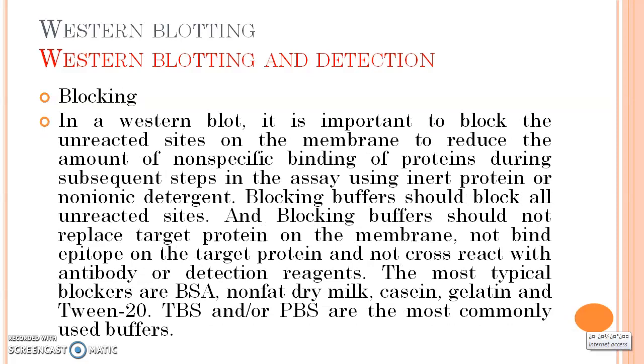Blocking. In a Western blot, it is important to block the unreacted sites on the membrane to reduce the amount of non-specific binding of proteins during subsequent steps in the assay, using inert proteins or non-ionic detergent.